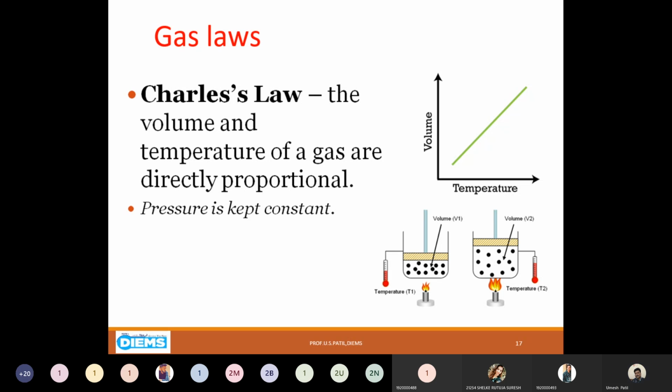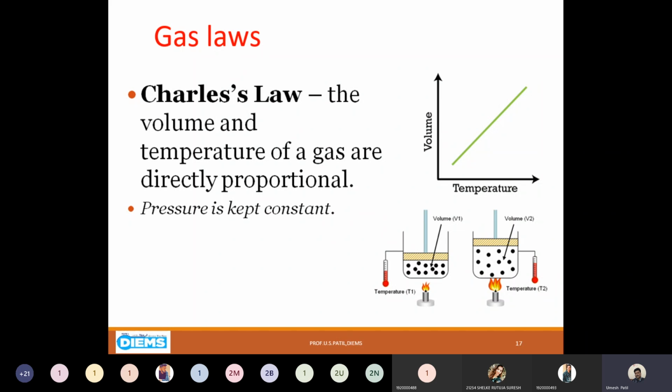The remaining relations are between volume and temperature, and between pressure and temperature. If you write these three properties on a plain paper, there exist three relations: pressure and volume, volume and temperature, and pressure and temperature.